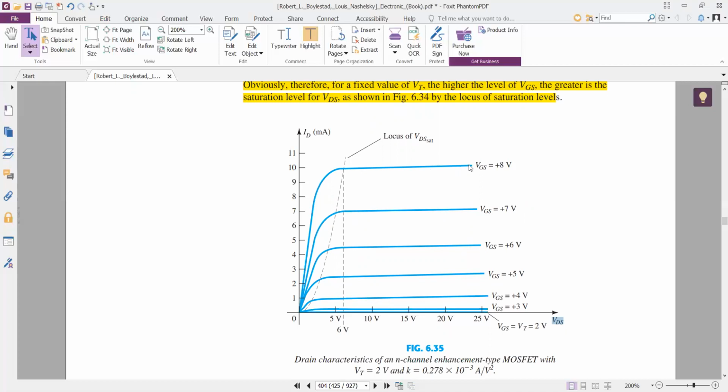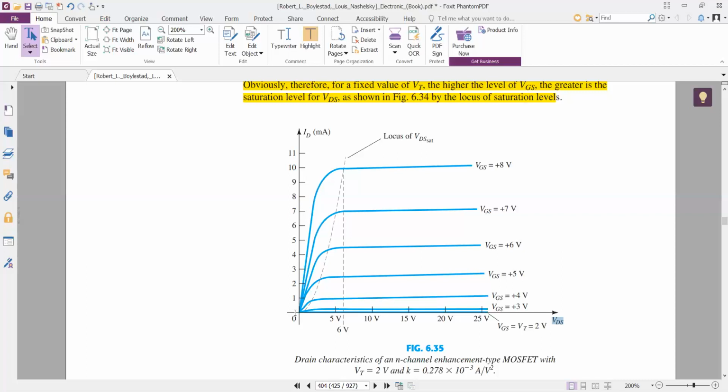So when the gate to source voltage is +3 and it is fixed at this value, the increase in drain to source voltage will only increase the power consumption of this MOSFET, while the saturation current almost occurs at 1.5 volt of VDS.